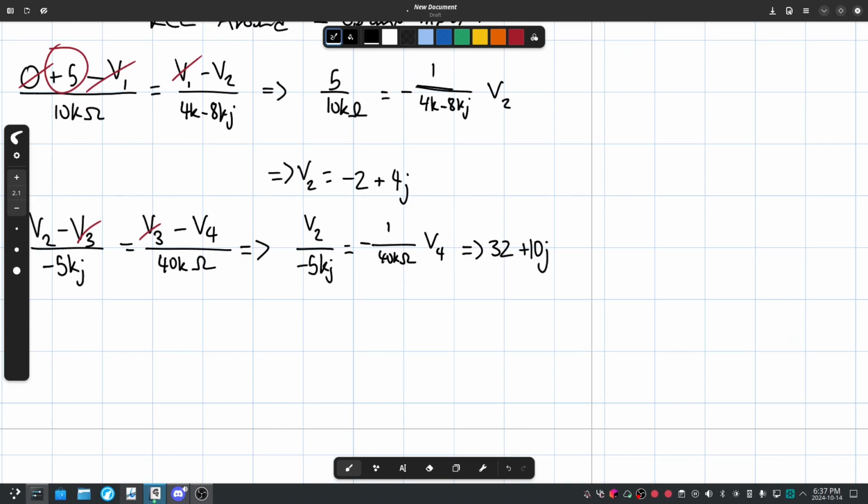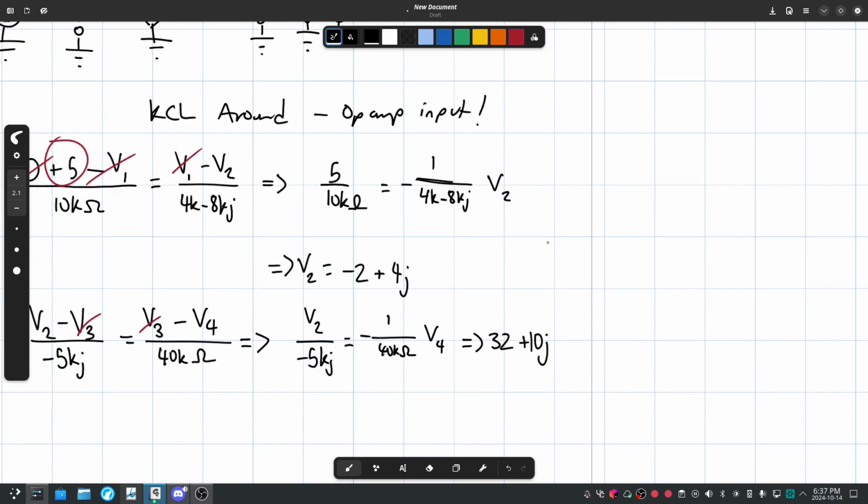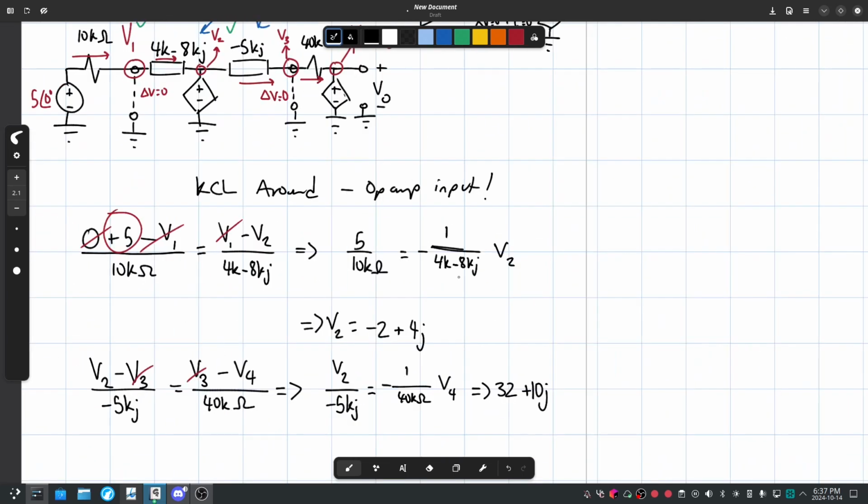I actually can't read my work. I don't know if that's 16 or 10. Let me try actually calculating it. That's going to be negative 40,000 times, what is V2?